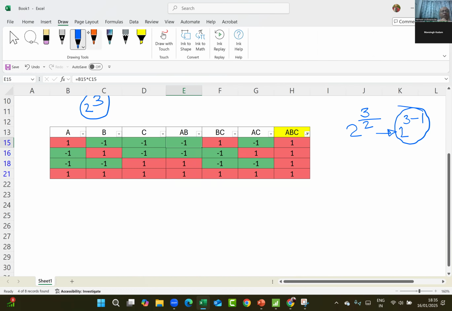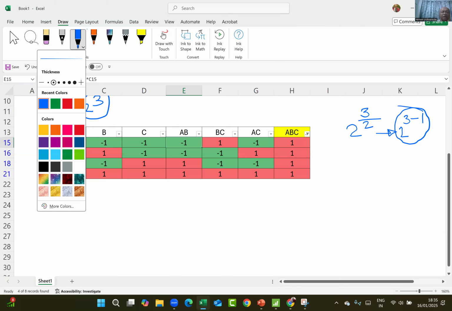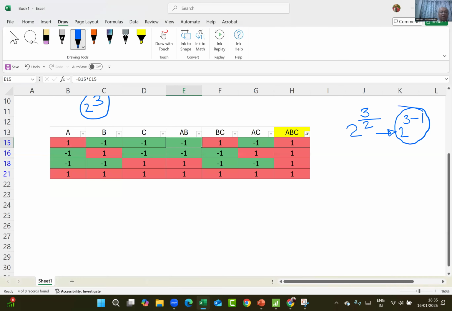But now, if you observe the sequence of signs, there is something that has happened in between. If you see here, C and AB, the sequence of sign is identical. If I call these treatment number 1, 2, 3, and 4, the calculation of C will be the average of these two runs minus the average of the low level runs.